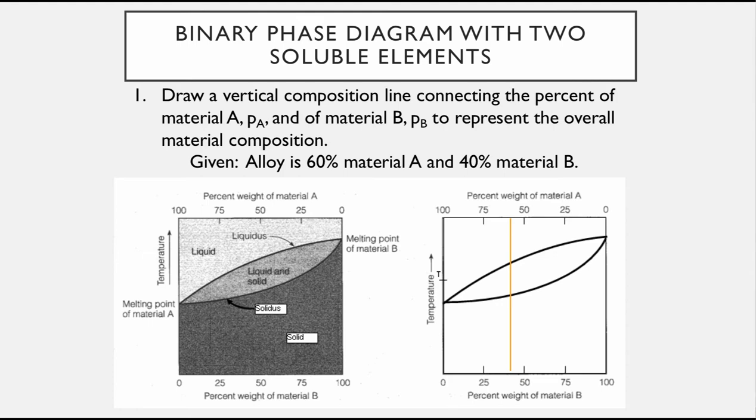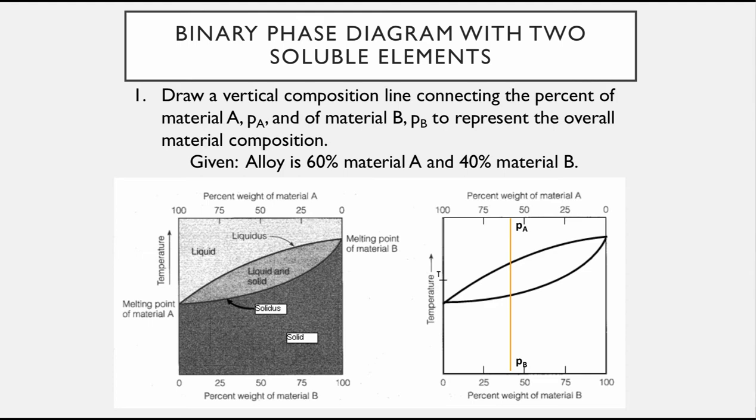We're going to call the percent that is material A, P sub A, and the percent that is material B, P sub B. So hopefully we got our vertical line at about 60 and 40%. Unfortunately, there's not a lot of tick marks on our axes.